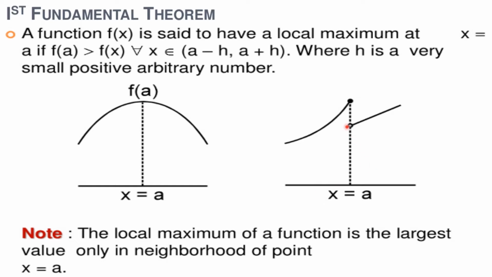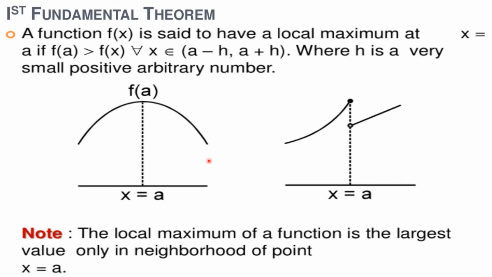Here also it has a local maximum at this point. Okay, my children. At x equal to a, it has a local maximum. Understood this point, my children? Note, the local maximum of a function is the largest value only in the neighborhood of the point x equal to a. Understood this concept, my dear children?